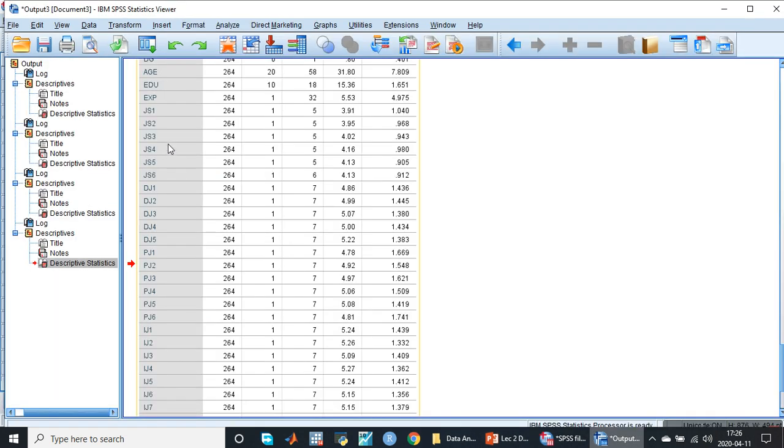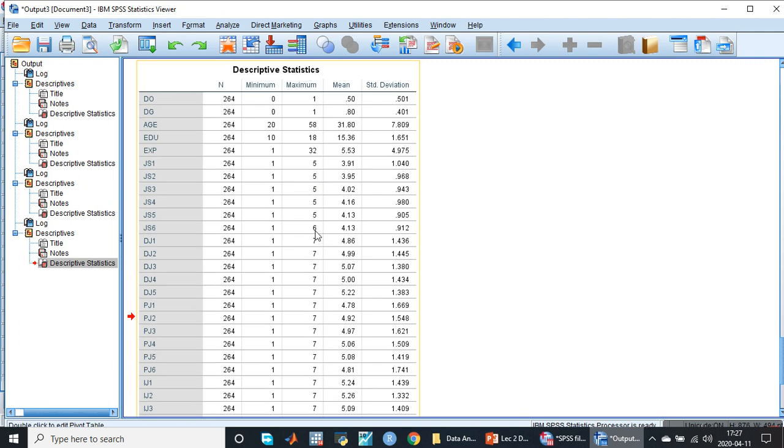So when we look at the 6th question of job satisfaction, here there is another error. JS6. The maximum value is 6, while we expected that it should be 5 because there were 5 categories. So we will identify this error. This is an outlier. We will rectify it.